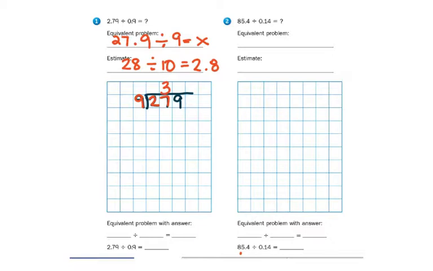Well, there's 3. 9 times 3 is 27. Bring down my 9. How many 9s are in 9? 1. So where would I put my decimal point so my answer is close to 2 and 8/10? I would put it between the 3 and the 1. So my answer is 3 and 1/10.